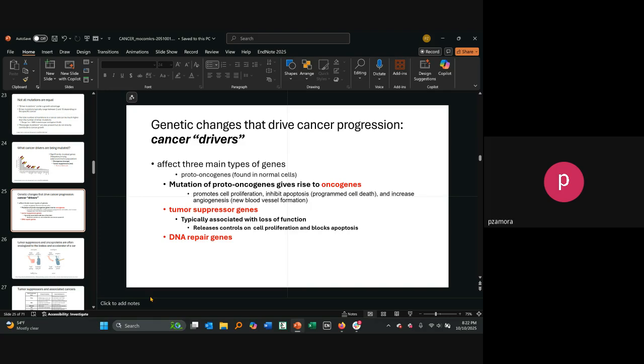Theoretically, yes. On a practical level, no. Okay. Usually what happens for most of the oncogenes is the type of mutation that is induced causes an amplification within the DNA sequence.